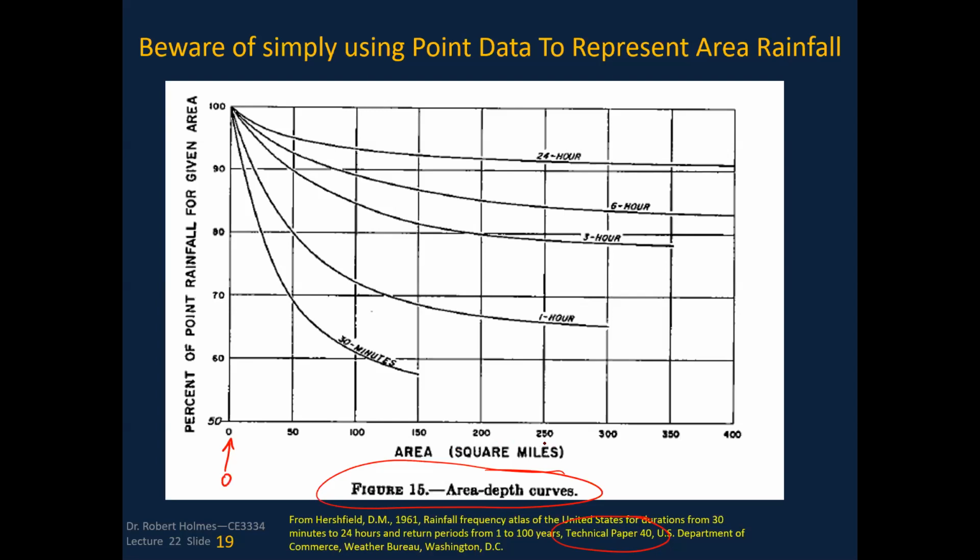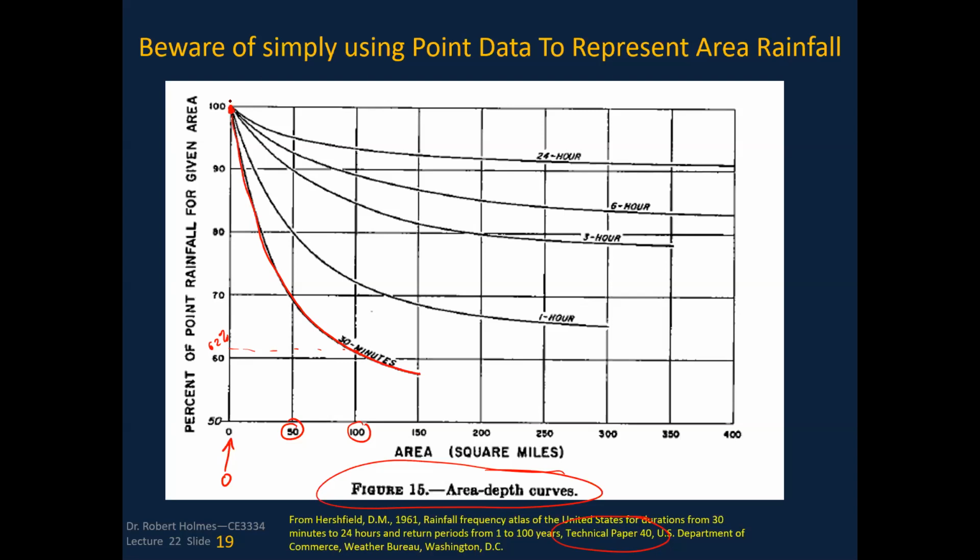If I've got a 30-minute rainstorm and I start to then say, okay, what's that look like against what I've got if I increase my area. And you can notice that if I go to 50 square miles or 100 square miles, then I'm at 100 square miles, I'm looking at basically about 62% of what I've got for the 30-minute data at that point.